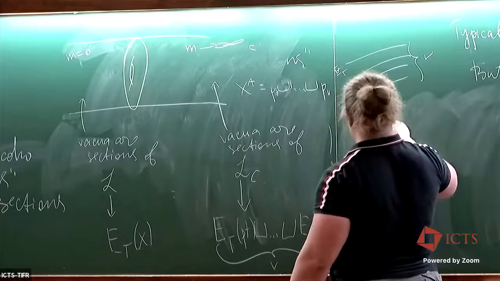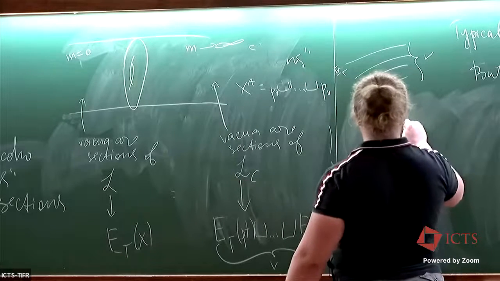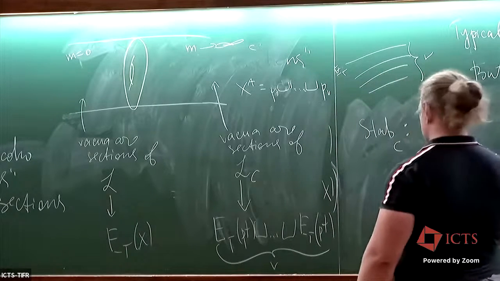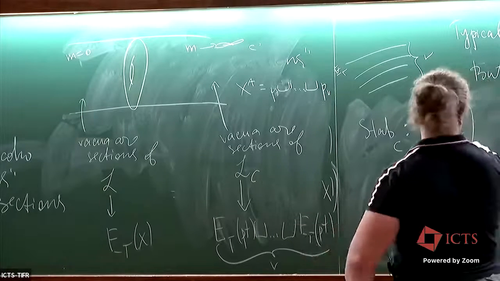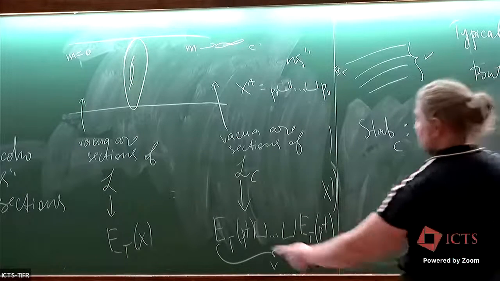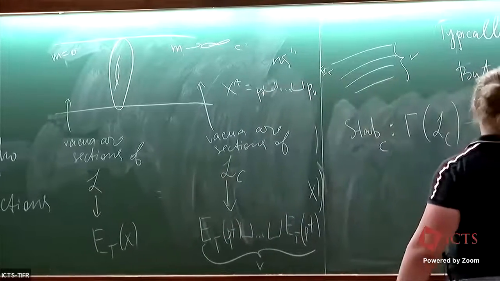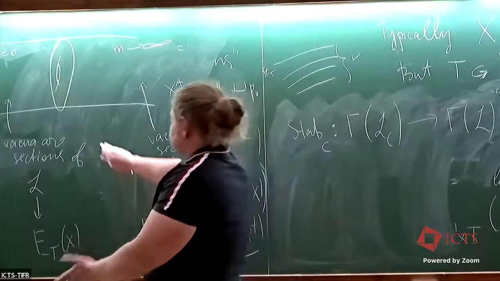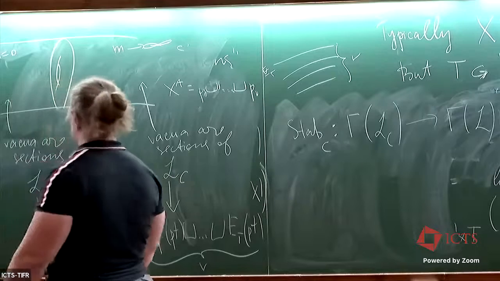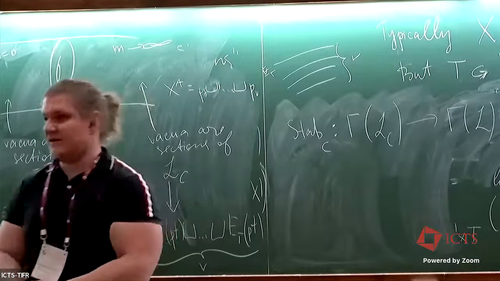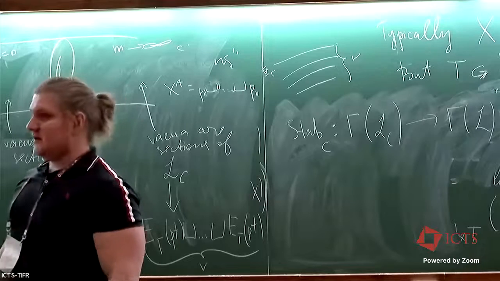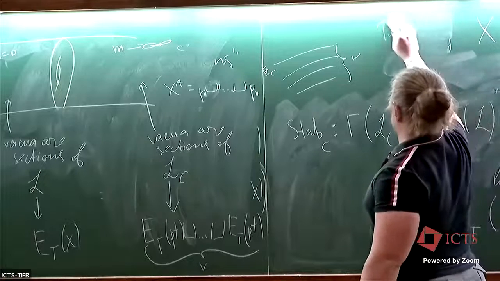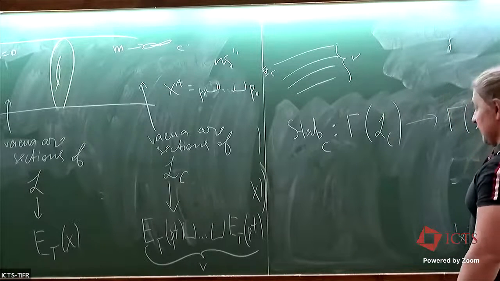And this interface realizes the stable envelope as a map from the sections of this LC, let me just write it for brevity like this, to the sections of L on the left. Or in physics terms, it just tells you how the supersymmetric vacua in the massive and in the massless regime talk to each other. And I'll stop here and I will continue tomorrow with an application of this.